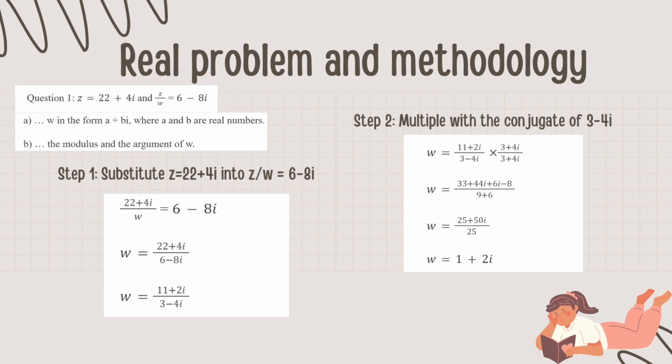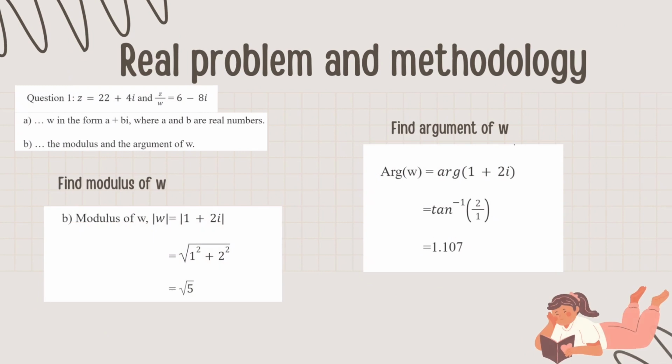Step 2, we can multiply the answer by the conjugate of 3 minus 4i. And the final answer is w equals 1 plus 2i. To find the modulus and argument of w, we can just substitute the numbers into the formulas, and we get the modulus is equal to square root of 5 and the argument is equal to 1.107.